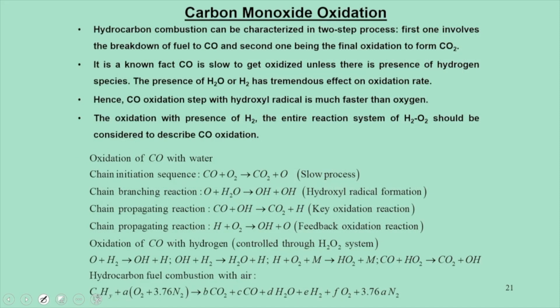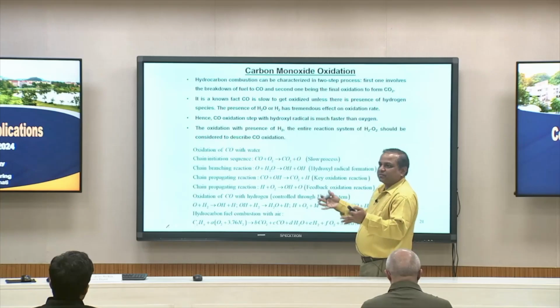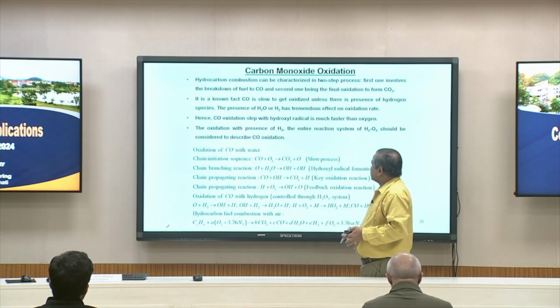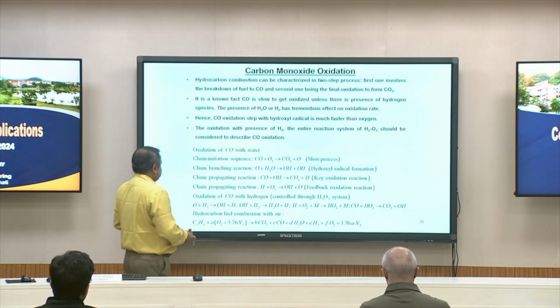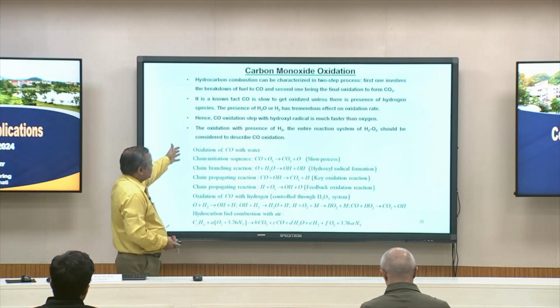Here I want to emphasize the reason for carbon monoxide oxidation. While bringing the chemistry into it, we bring elementary reactions into the picture. There are two ways the CO oxidation can happen.